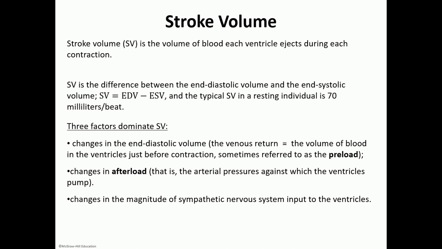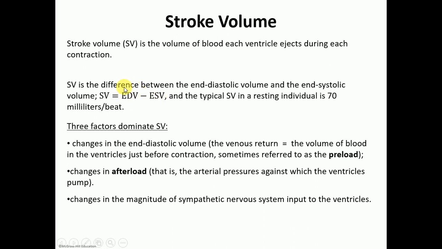Now, the stroke volume, which we already discussed, is the volume of blood that is pumped out of the ventricle with each ventricular contraction. It is the difference between the end diastolic volume and the end systolic volume.